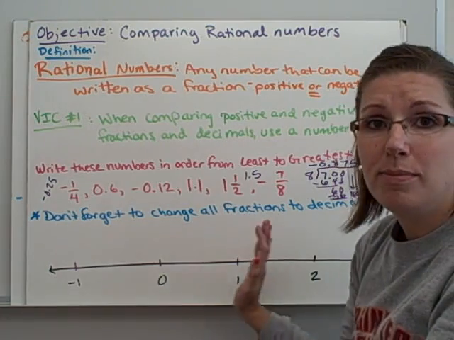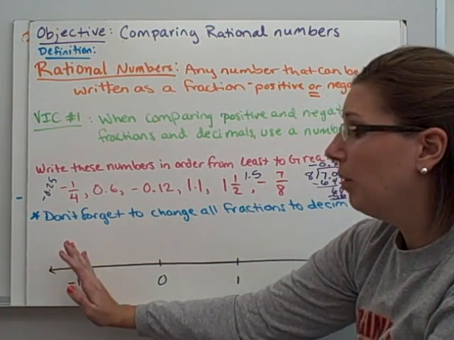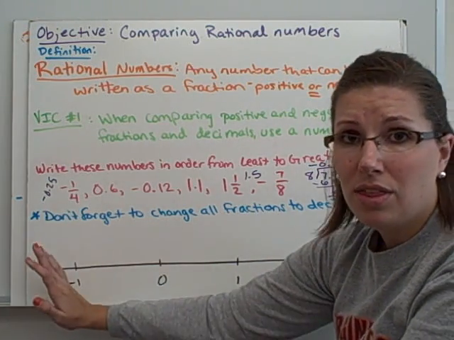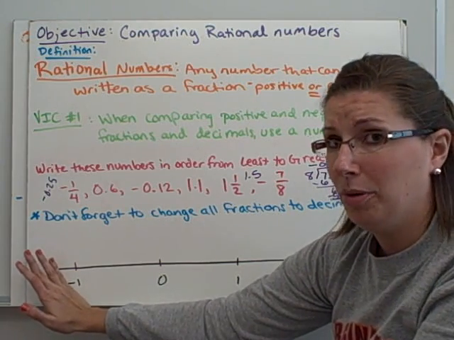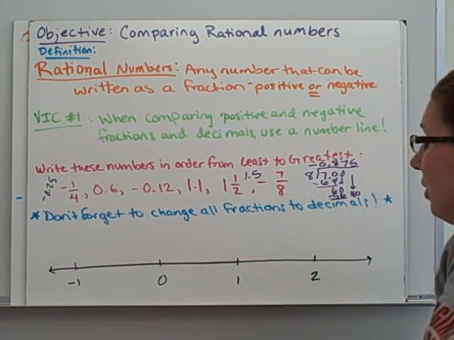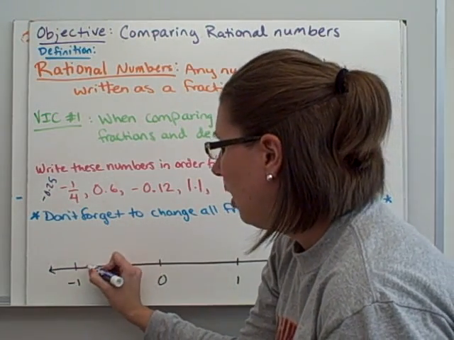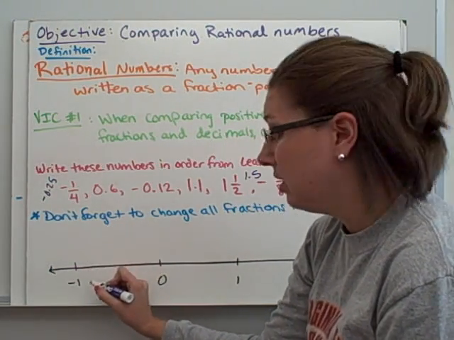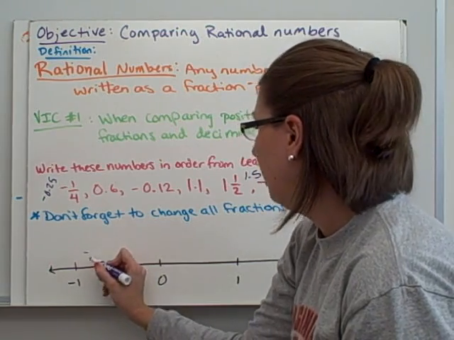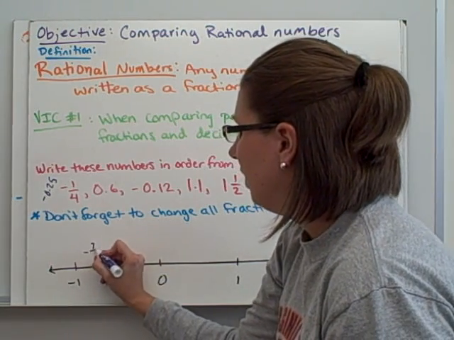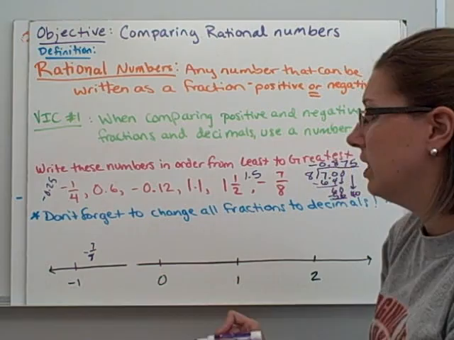And we know that the smaller the number, the closer it is to the left side of our number line. So I'm going to rewrite this number as a fraction, really close to -1. I'm going to write negative 7/8, if you can see that.